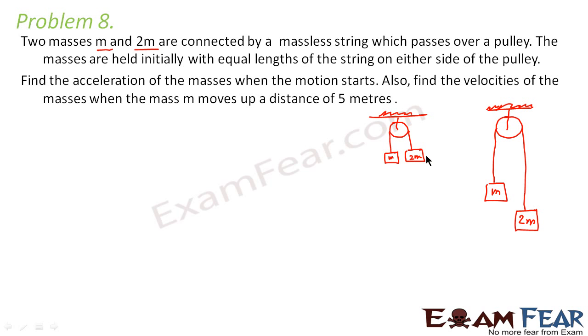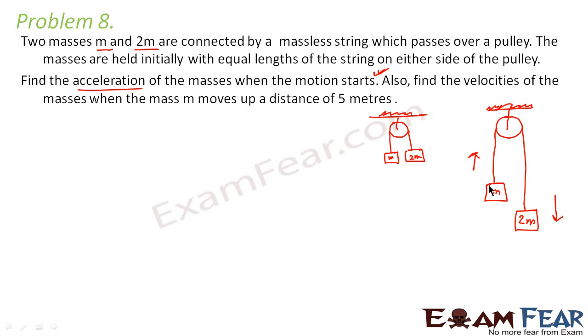In this case 2m is greater than m, therefore 2m moves down, whereas m moves up. We also have to find the velocities of the masses when the mass m moves up a distance of 5 meters. Let us solve the first part first, then we'll look into the second part.